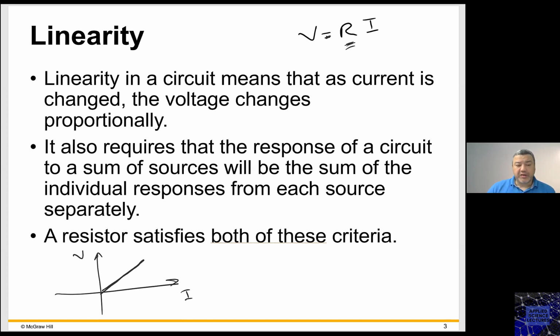It also requires that the response of the circuit to a sum of sources equals the summation of the individual responses due to each source separately, one at a time. We will see what this means, but what we need to know is that the circuits those resistors are made of are linear circuits.